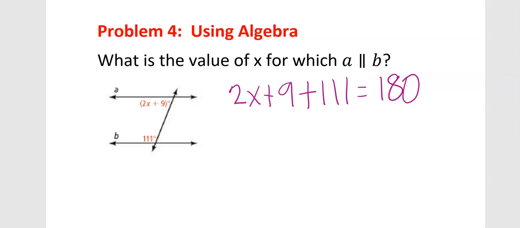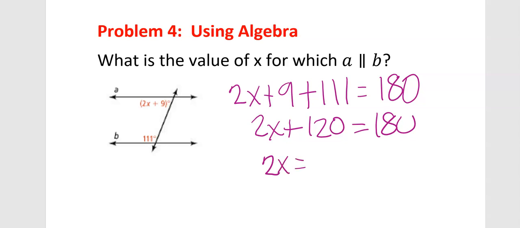Okay, so if we solve so that we get what that x is, we get 2x plus 120 equals 180. Subtracting 120, you get 2x equals 60, x equals 30.